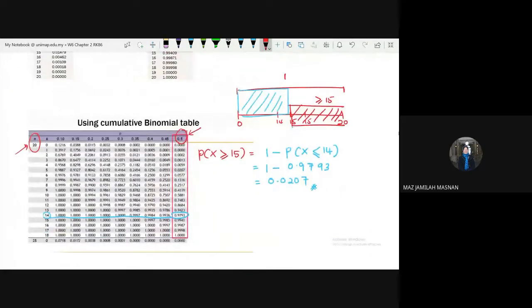Now how do we interpret? Multiply by 100, so you will get 2.1%. So how do you interpret?